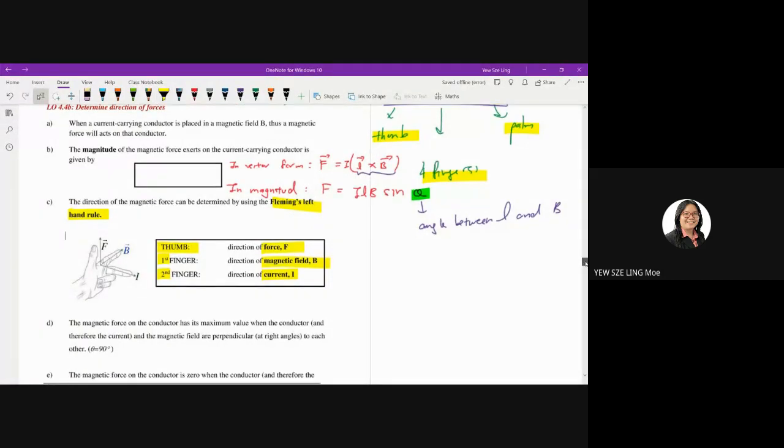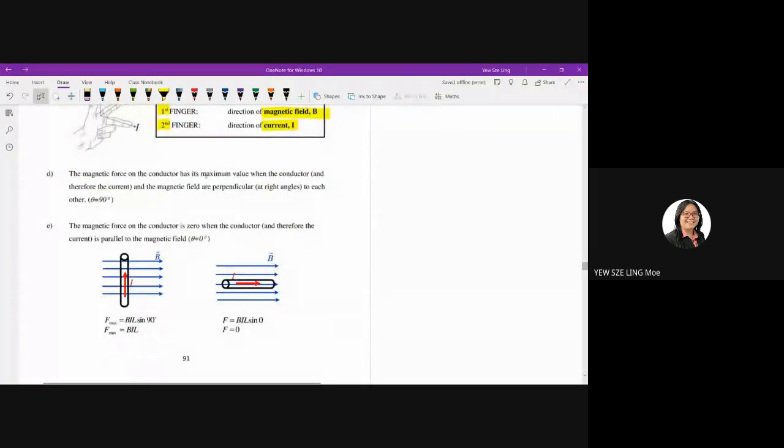Alright, now the magnetic force on the conductor has its maximum value and also the minimum value. Why? Because we have equations with angle. Bila kita ada equations with angle, we can always play with the maximum value and minimum value. So F equals to ILB sine theta.